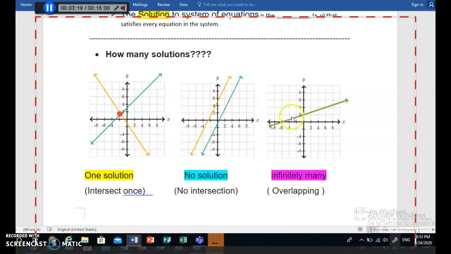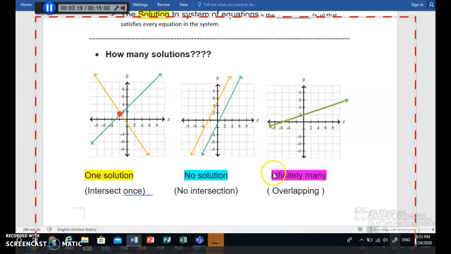The third one, look at it. Wow, how special is this? The green line and the gold line, what happened to them? They're overlapping. That's right. Therefore, every single point on these equations is a solution.